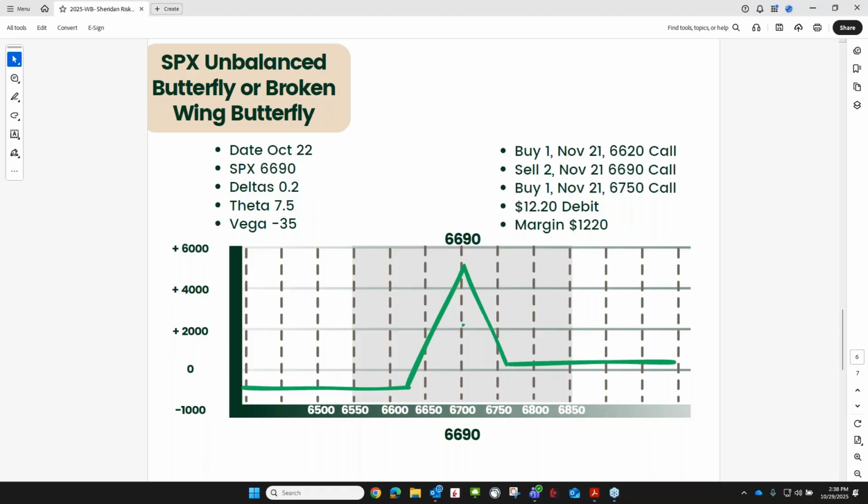But again, there has to be a belief there's going to be some movement, right? Because a reverse iron condor, a reverse butterfly is negative theta. What does that mean? Time decay is going against you. Every day we don't move, you're losing money. And that could become a problem.